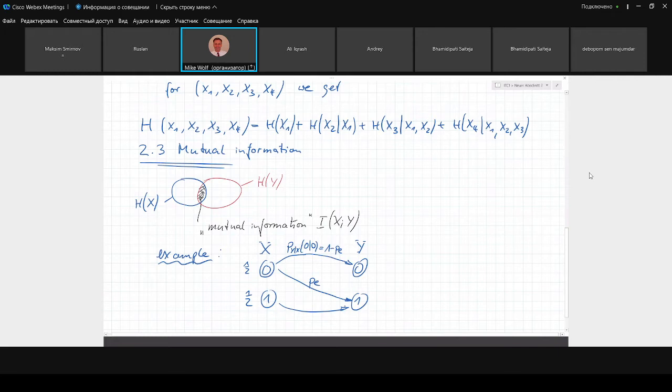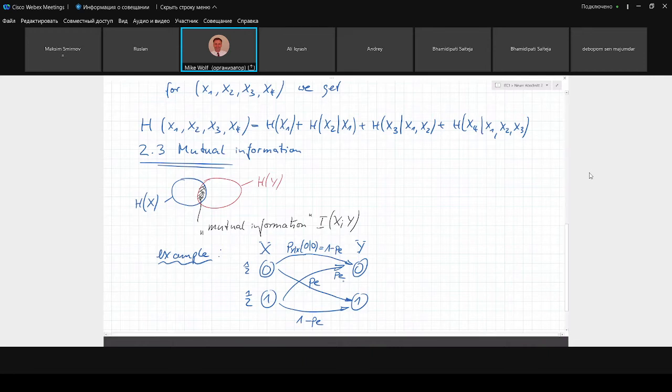So I write again the same here. If x is 1, then with a probability 1 minus Pe, y is also 1. And then, of course, this is again Pe in this direction.